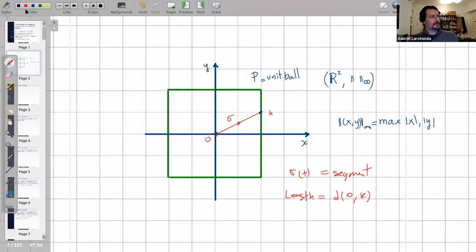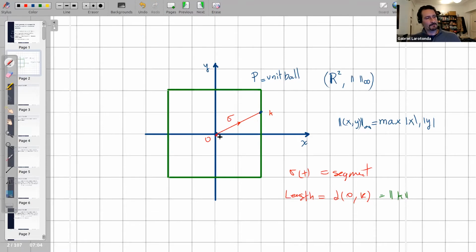So the idea here is to characterize all the possible paths joining 0 to K which have this minimizing property. I will call these short paths. Short is just a fast way to say it's a minimizing rectifiable arc joining the endpoints, with length equal to the distance between the endpoints, which in this case is the norm of K, right?